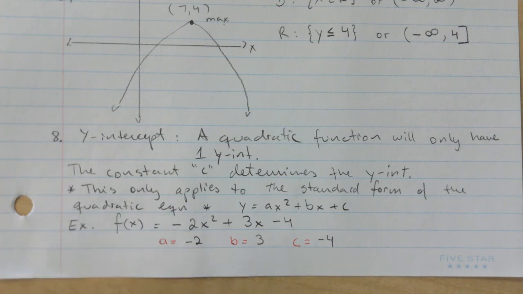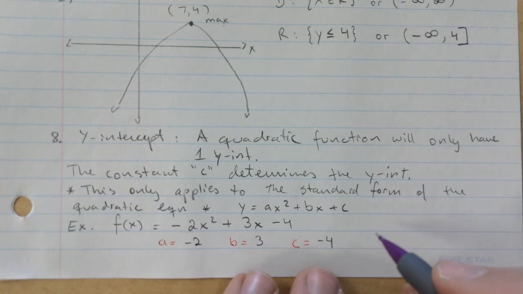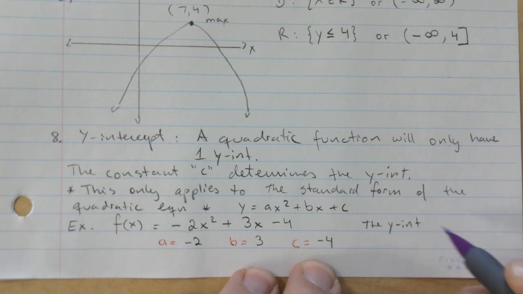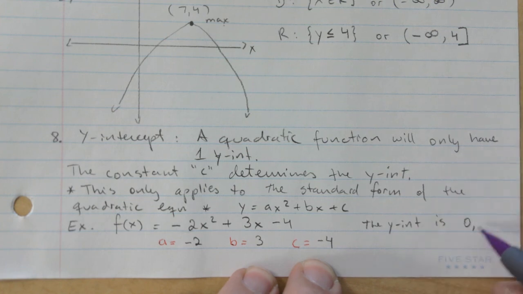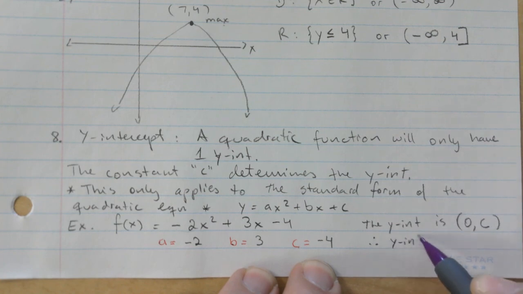And it is this one, the y-intercept is C in general when it's in standard form like this. Therefore, y-intercept is 0, -4.